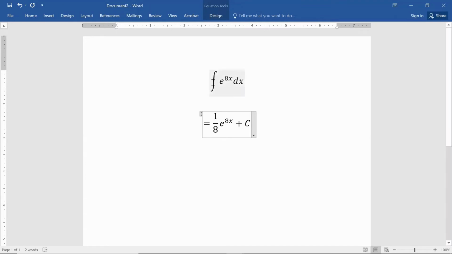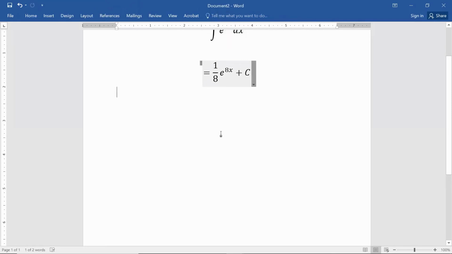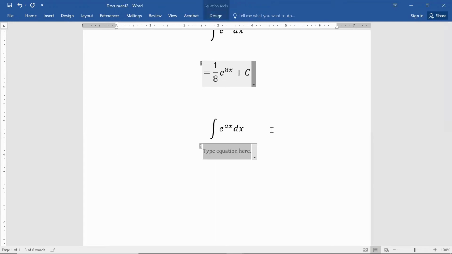By the way, we can figure out this rule as well. Let's take e to the ax, where a is any number. Using substitution, we would have set u equal ax, and then du/dx would have just been the constant a.